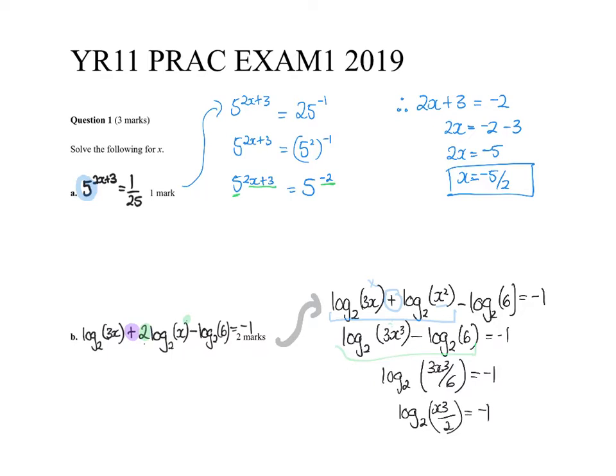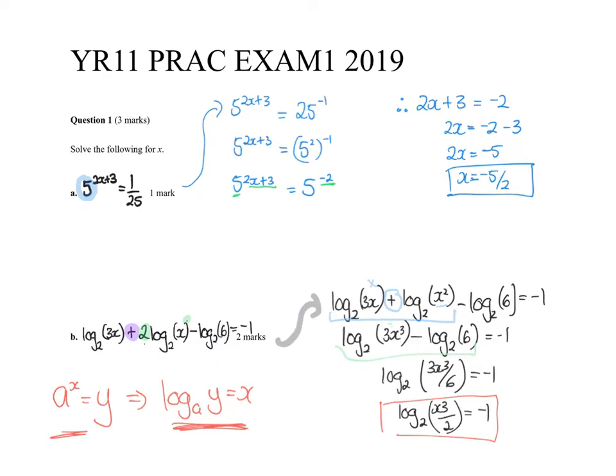All right, so now you've got to remember, if we have it written like that, it could also be represented like this, log a of y equals x. So I'm going to take this format and make it look like that. So what's my a in my diagram?